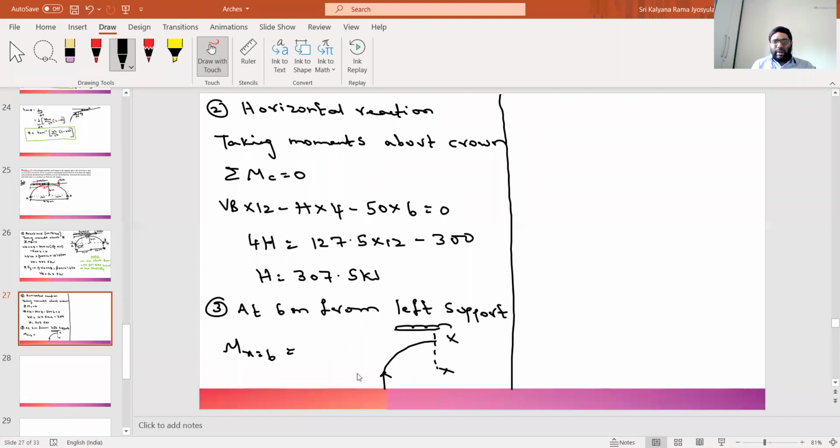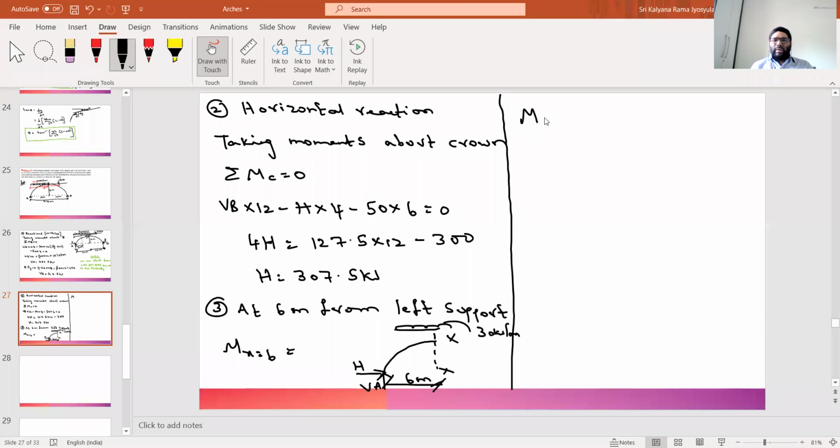You have vertical reaction, you have horizontal reaction. All three: vertical, horizontal, UDL. And what is this distance? 6 meters. So this is 30 kilonewton per meter. So VA and H.